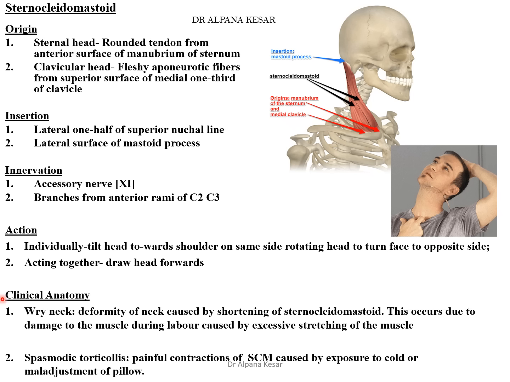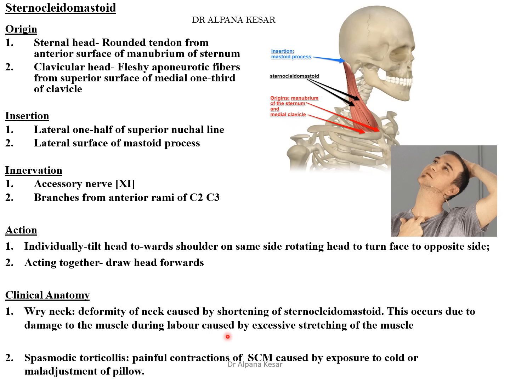Clinical anatomy of sternocleidomastoid. Wry neck. Wry neck is the deformity of the neck caused by shortening of the sternocleidomastoid. This occurs when the muscle is damaged, which occurs most frequently at the time of labor.